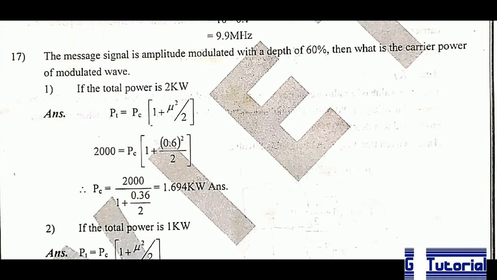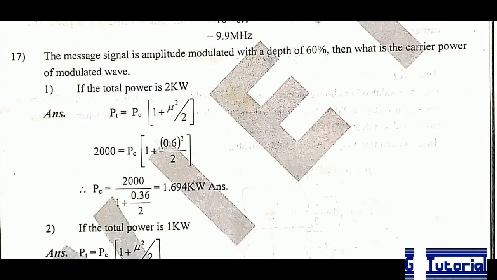We have the value of total power or transmitted power as 2 kilowatt, so 2 kilowatt is 2000 watt. So let us substitute for PT and mu. PT is 2000 equals PC into 1 plus 0.6 square by 2. On solving, we get the value of carrier power as 1.694 kilowatt.